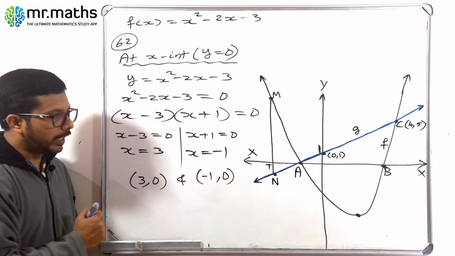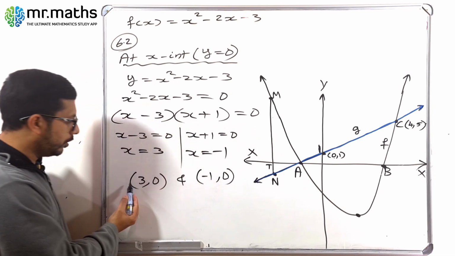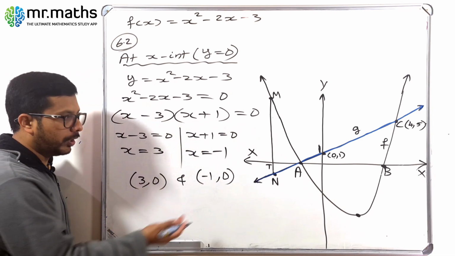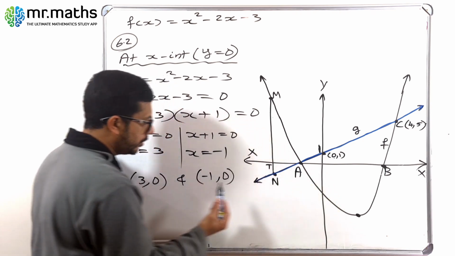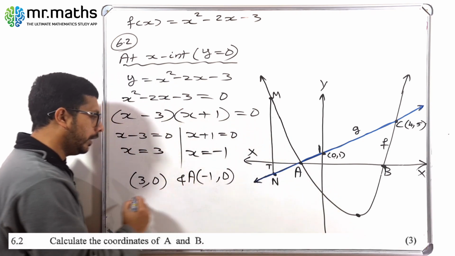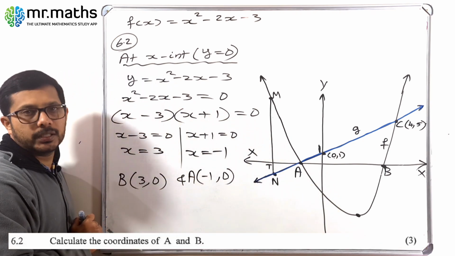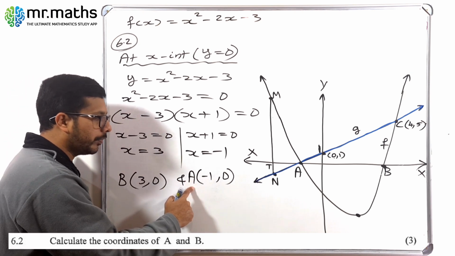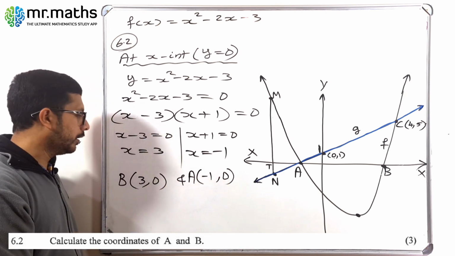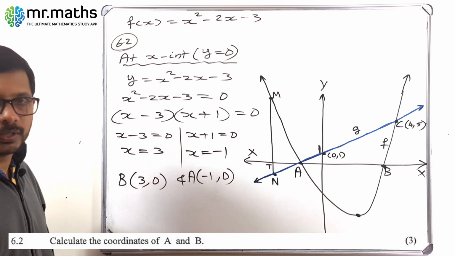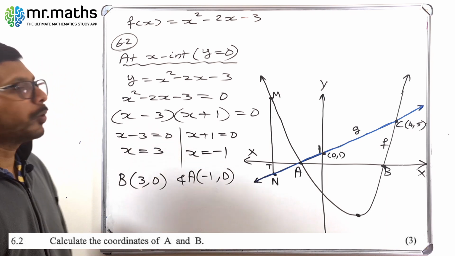Which one is A? Is it (3, 0) or (minus 1, 0)? A is on the negative side. So this is our A and this one is our B. The coordinate of A is (minus 1, 0) and the coordinate of B is (3, 0). So that is question number 6.2.